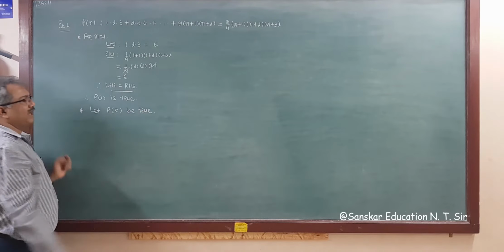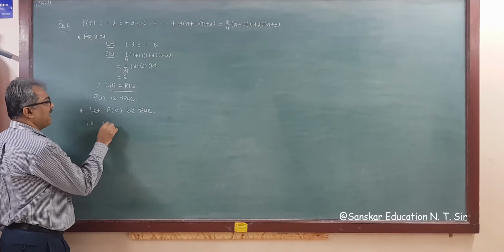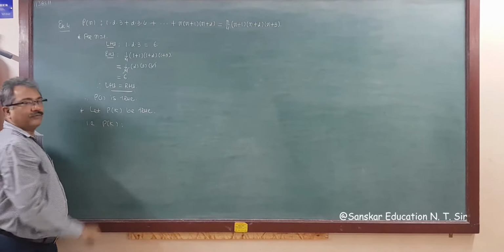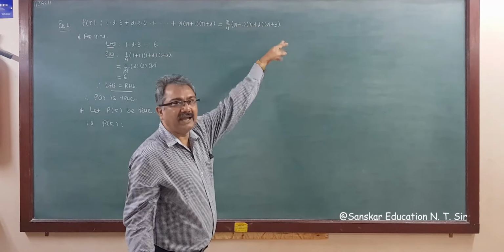Now we assume that let Pk be true, that is Pk. What you have to do is replace n by k.